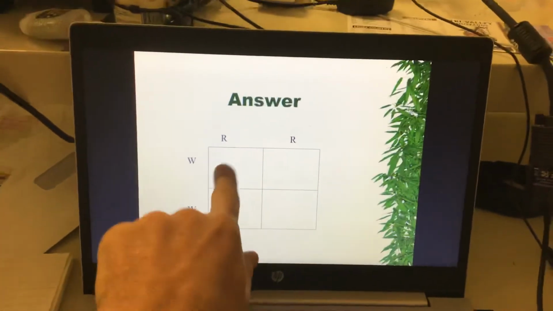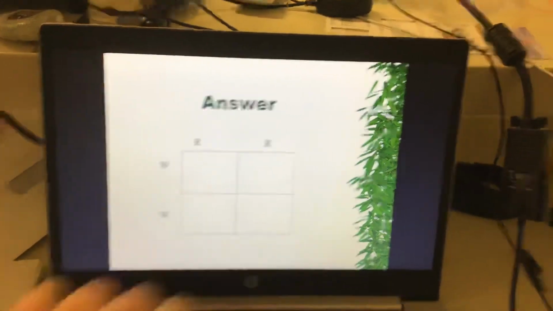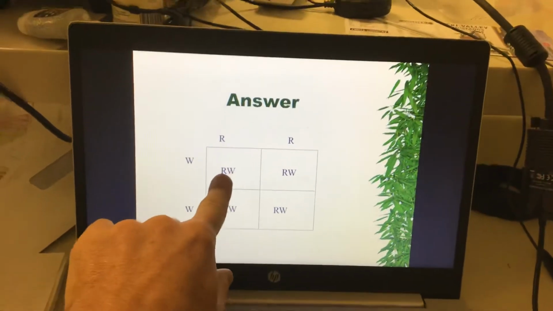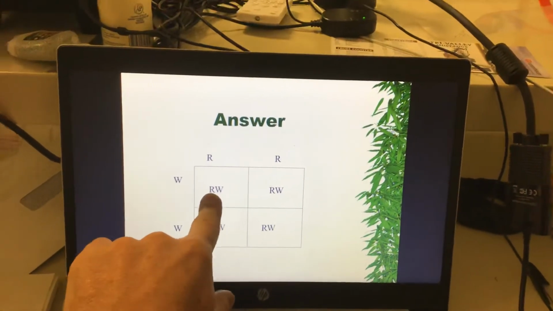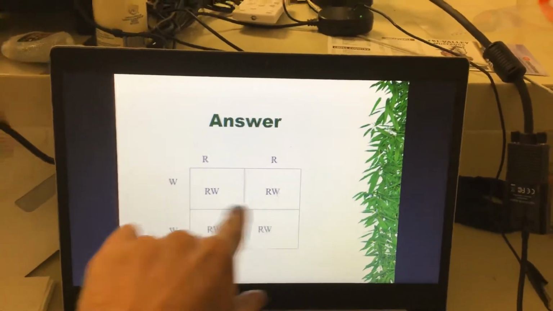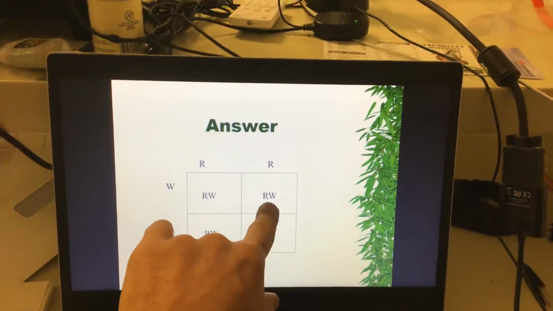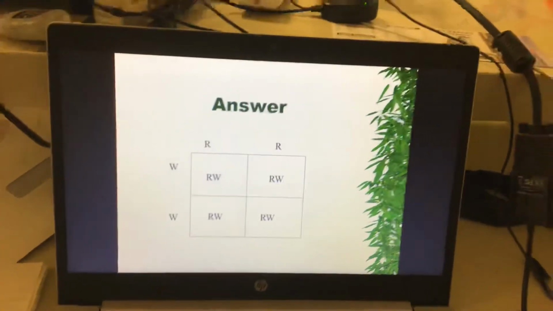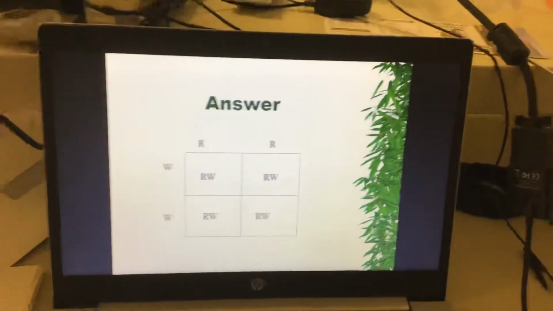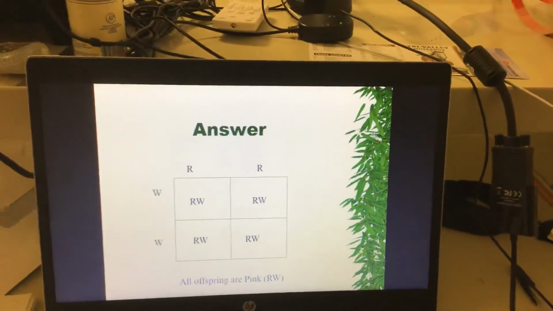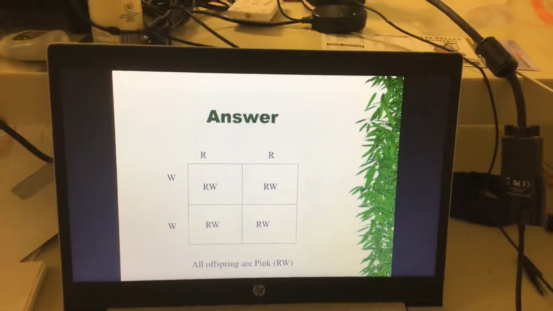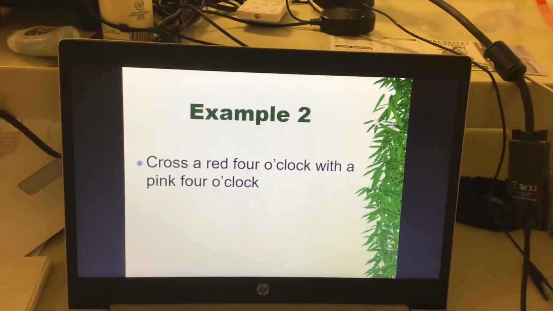Okay, well, when you drop them down, you end up with RW, which would be pink. Now, I don't care if you put RW or WR, but whatever you do, put them as the same. So if it's RW here, do RW, RW, RW. But RW means pink. So if you cross a red with a white, you will get pink every single time. All offspring are pink. You could have 1,000 flowers and they would all be pink.